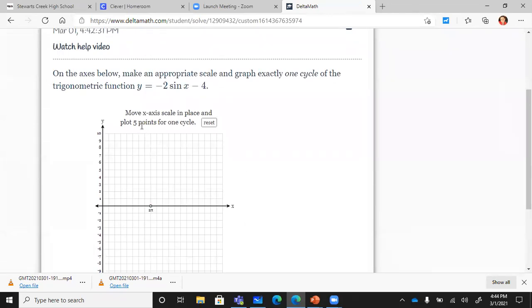Now that I've got my x-axis in place, it wants me to plot the 5 important points for one cycle. So you're actually going to have to plot the max, the mins, and the axis intercepts. In this case, our axis is moved down to -4. The midline is at -4.